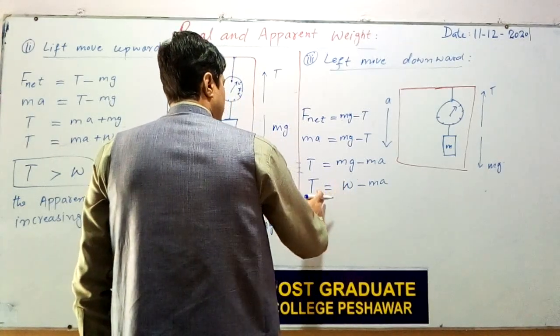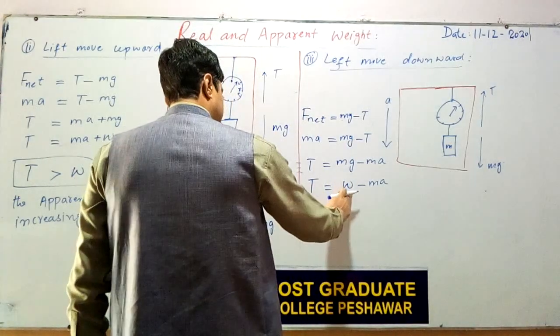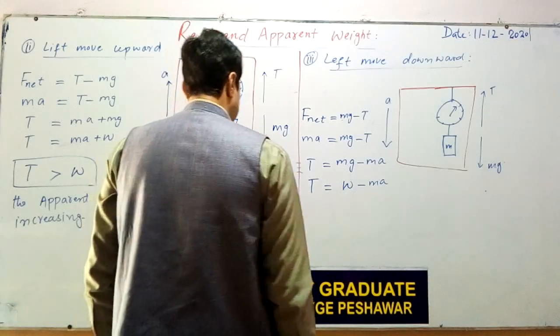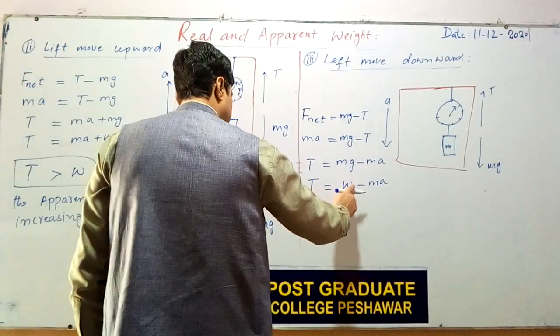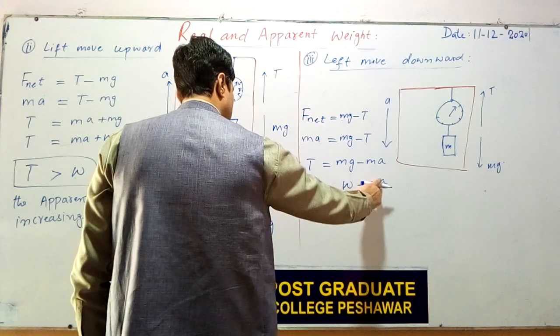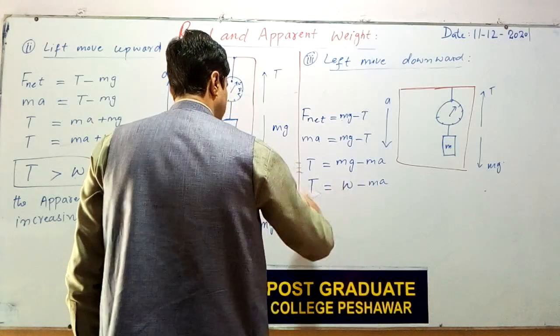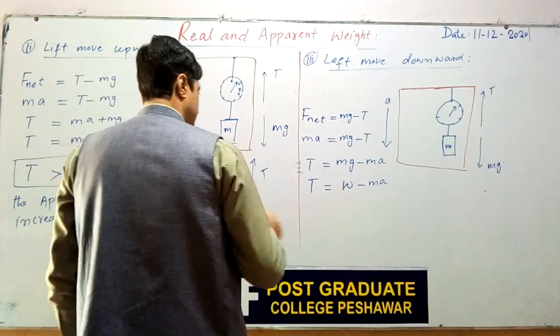Clearly, from this equation, we can see that weight is greater than tension in the string, because when we subtract something from the weight, then it will be equal to the tension.